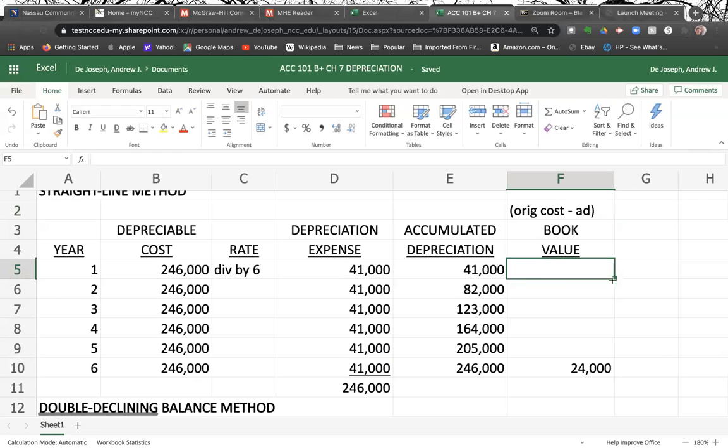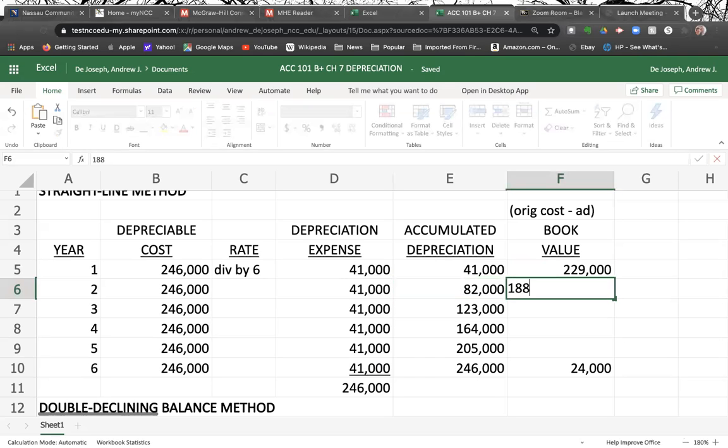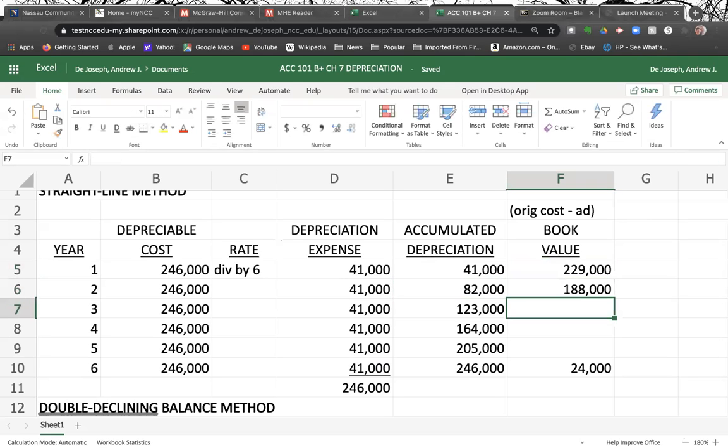So the original cost is 270 minus 41 is 229. Second year, 270 minus 82, 188. Third year, 270 minus 123, 147.